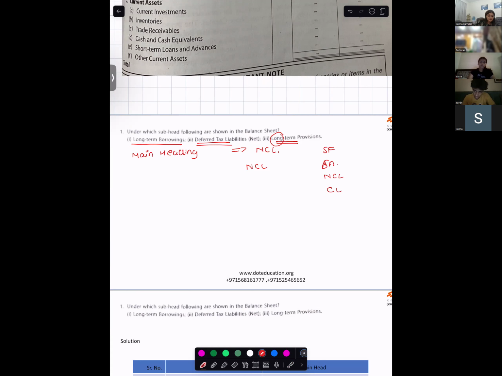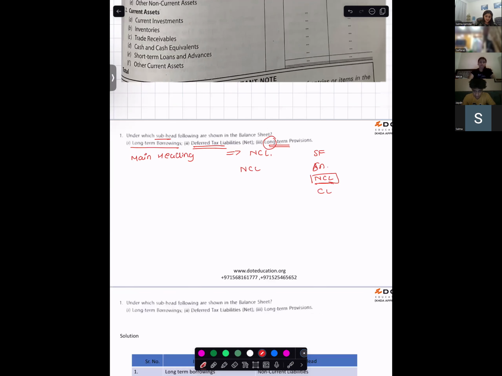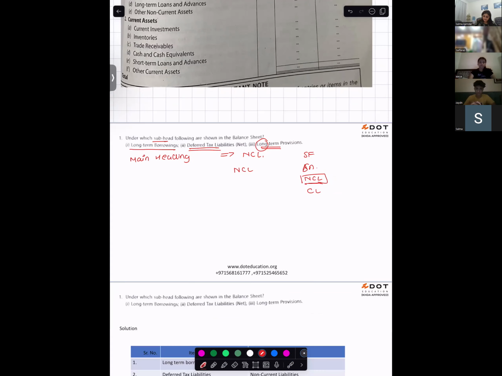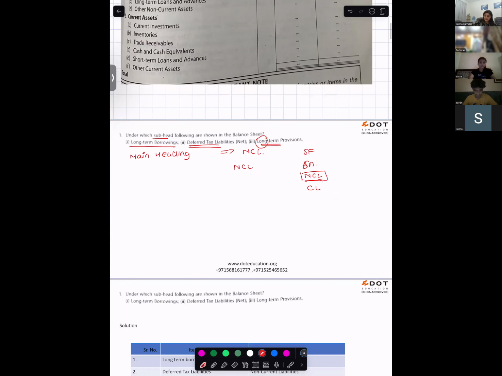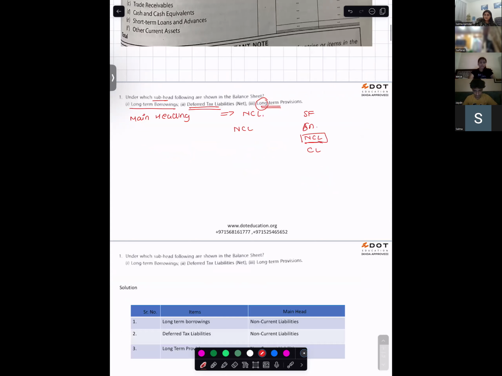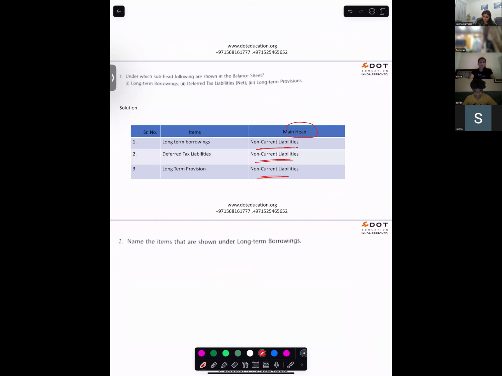So they want under which subhead does this come? The main head is non-current liabilities. It comes under non-current liabilities. Okay, fine. So the main head is non-current liabilities. It comes under non-current liability.